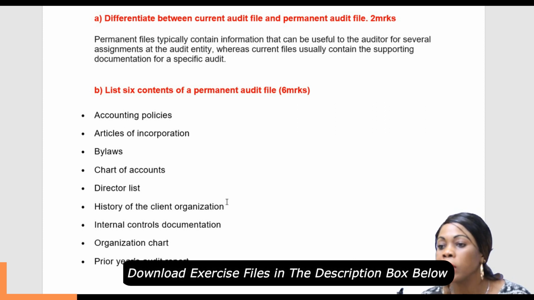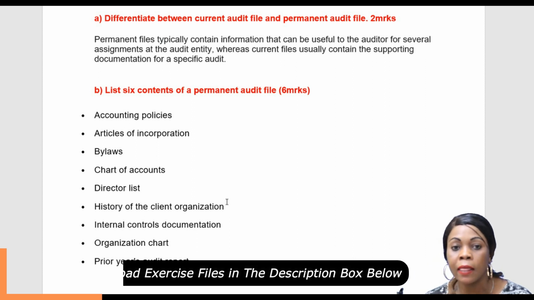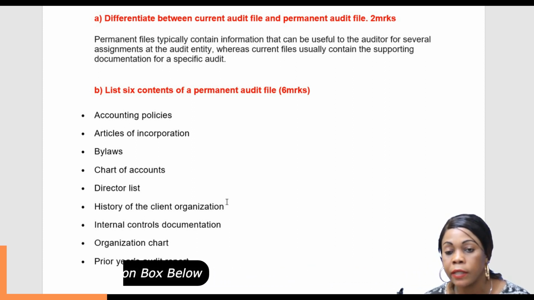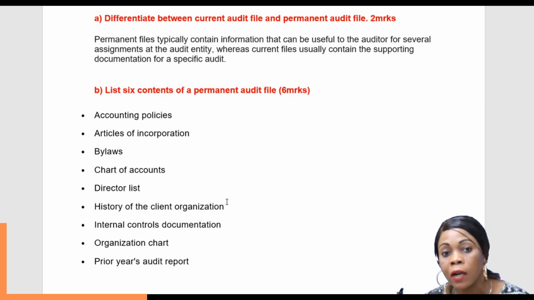Okay, the permanent audit files typically contain information that can be used by the auditor for several assignments at the audit entity, while the current file usually contains the supporting documents for a specific audit.